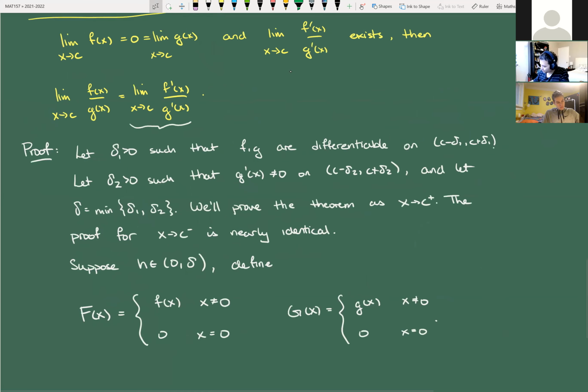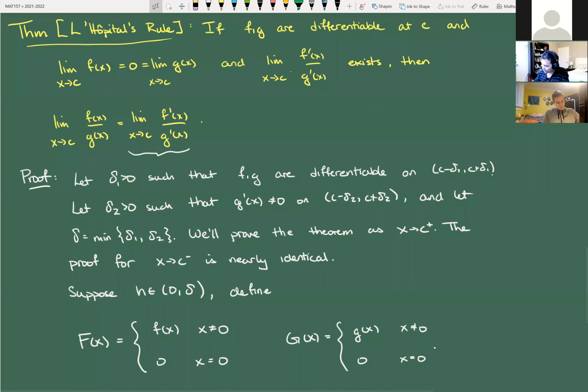The thing is, if you go back up here and look at the theorem statement, we've got this statement right here, right? So we know that the limit of f and the limit of g are both equal to 0. Now, the functions are both also differentiable at c. I guess we could say that we know that f and g are both continuous at c.